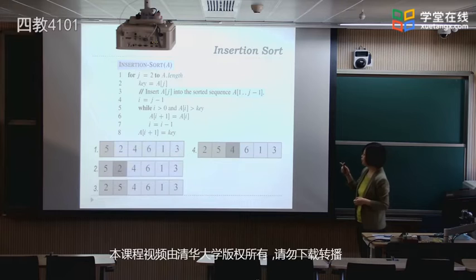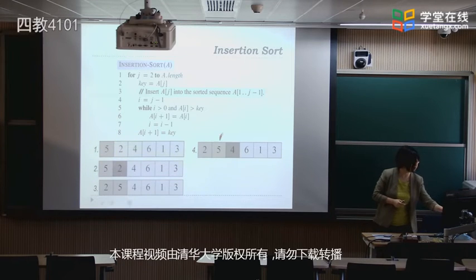So the third element of the input array, and the value of A3 is 4. Again, lines 4 to 7, going to check and find the correct location to put back 4. And you're going to start with 5. 5 is greater than 4, so 5 is going to move to the right.